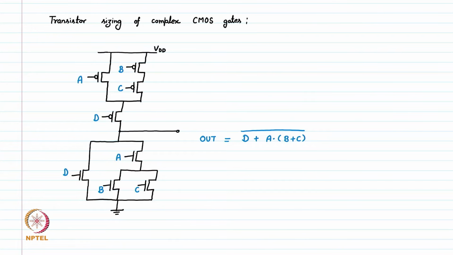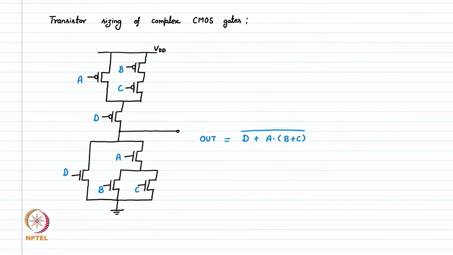So now if we see this carefully, this PMOS is in parallel with this B and C. This B and C are in series with each other.